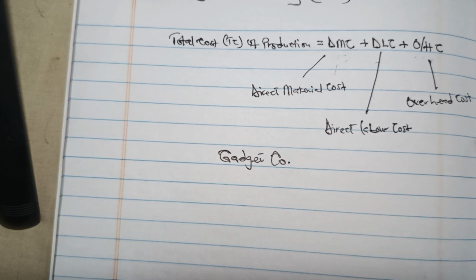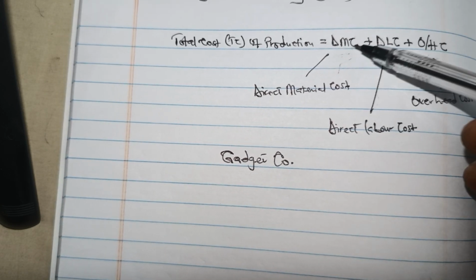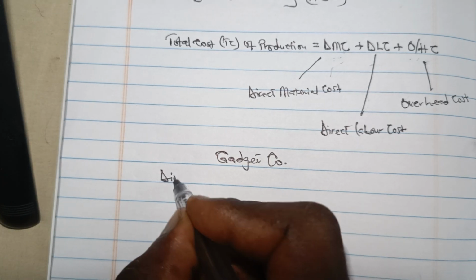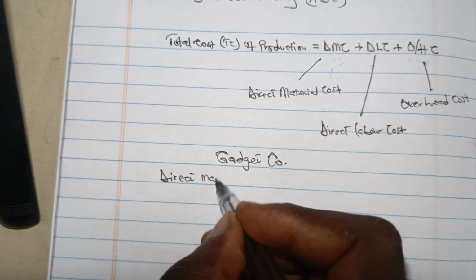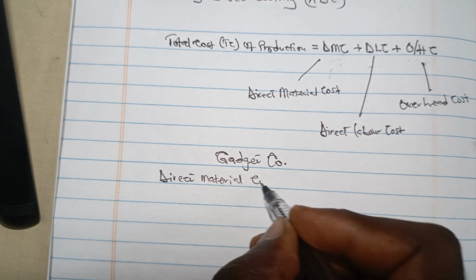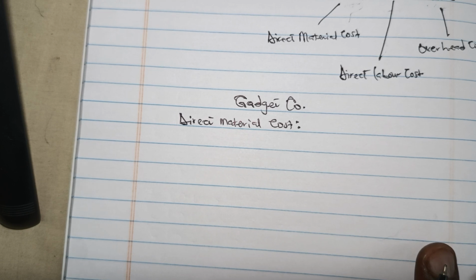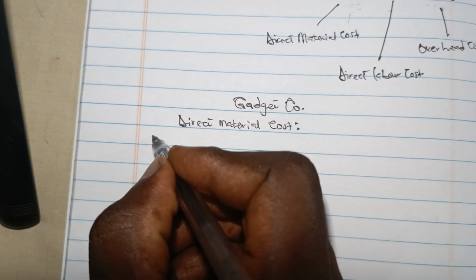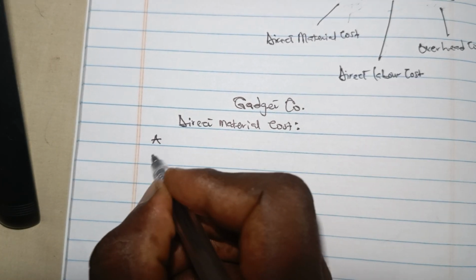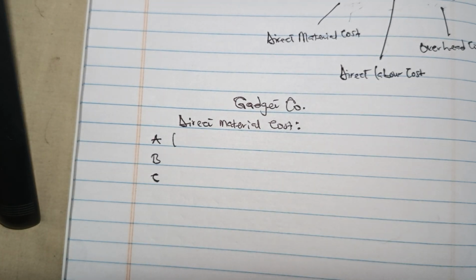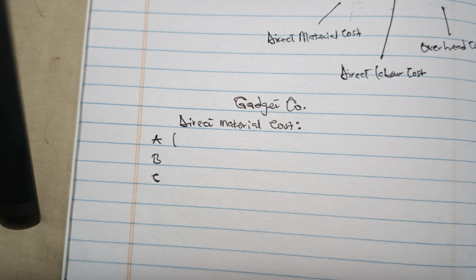So now we will start with direct material cost. That's what we'll find first. To do that, we'll list our products here: product A, product B, and C. To find the direct material cost, you realize that in the question, everything has been given to us on a per unit basis, and that makes our work very easy.